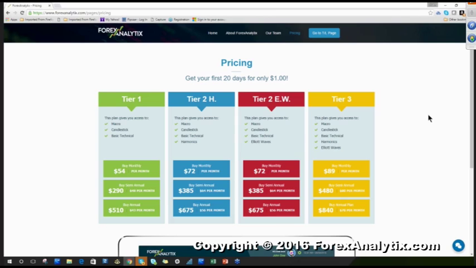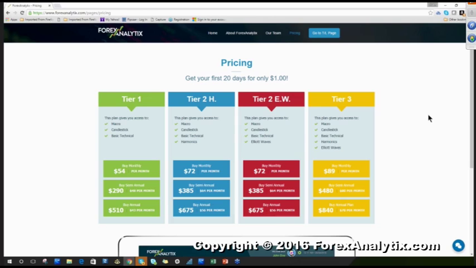You have a whole analysis team behind you, and that's the way we view it. But we also wanted to make it very price efficient, because traders come in different shapes and sizes. Some people trade 6-7 figure accounts, some manage funds, some are newer traders just starting off, who trade much smaller amounts. So we wanted to make sure that everybody could take advantage of ForexAnalytix.